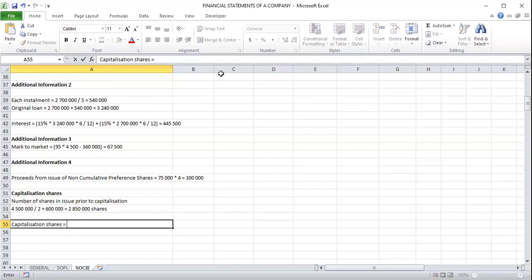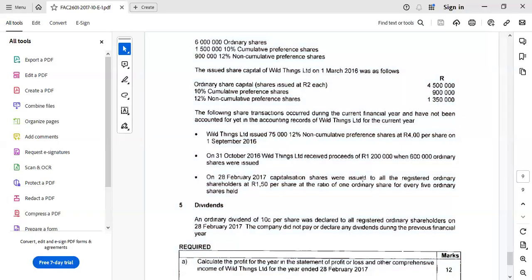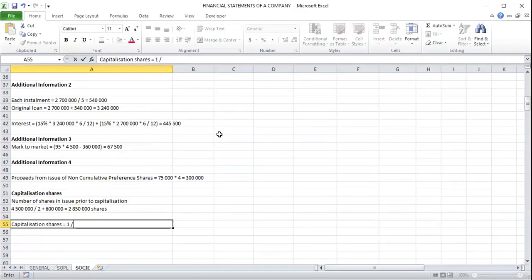Now we are told that the capitalization shares were in the ratio of 1 for every 5. So to say, one over 5 multiplied by 2,850,000.